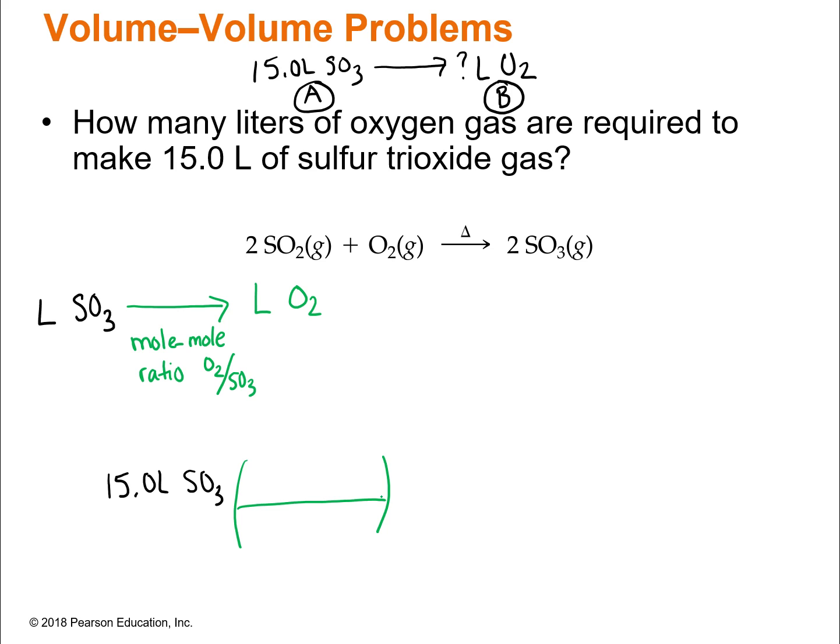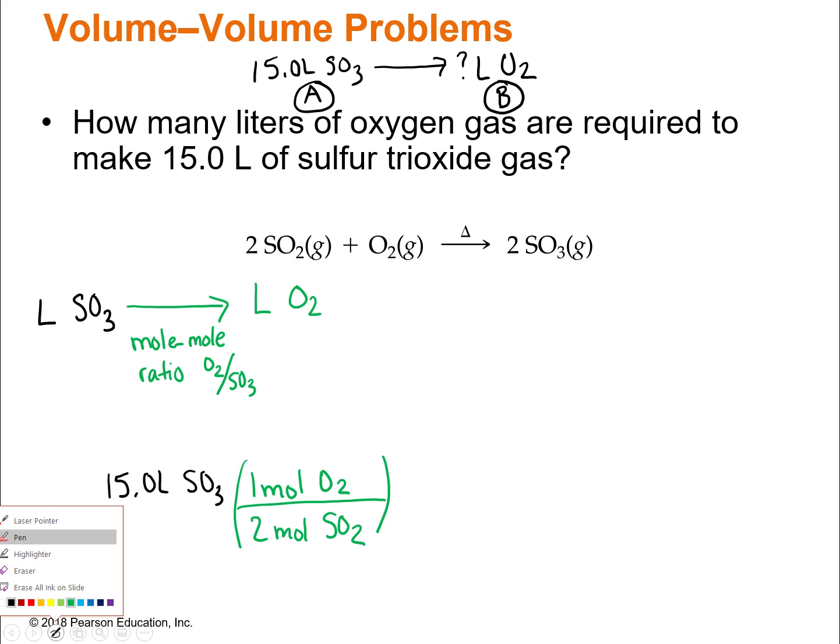Yes, 1 to 2. And that's exactly what you should get. So with sig figs, it should be 7.50, but I ain't gonna hold you. Oh, that is totally the wrong unit.